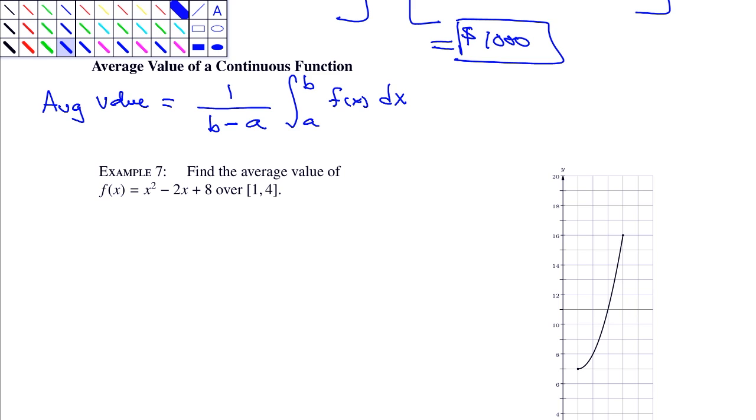All right, example 7. Find the average value of f of x equals x squared minus 2x plus 8 over 1 to 4.